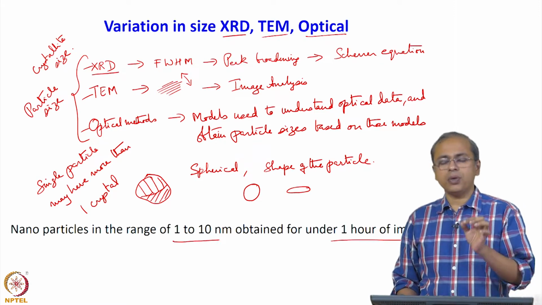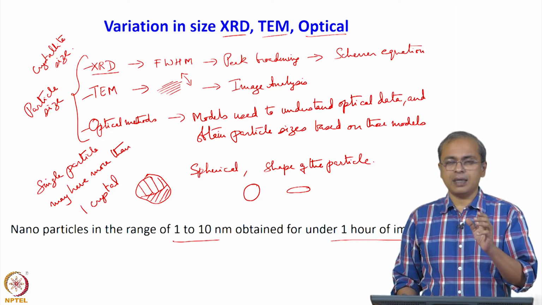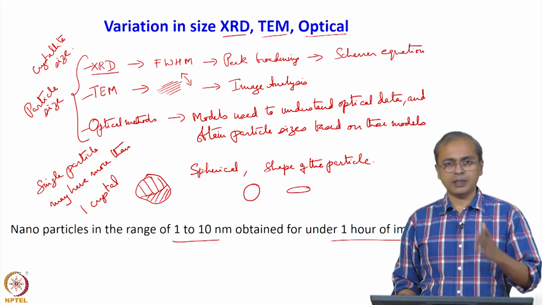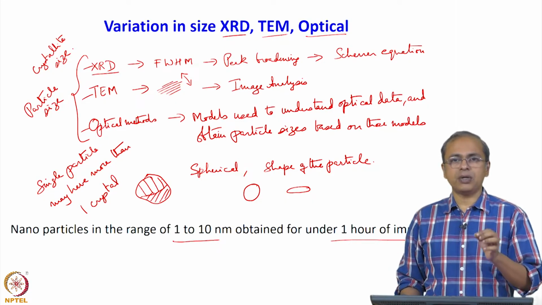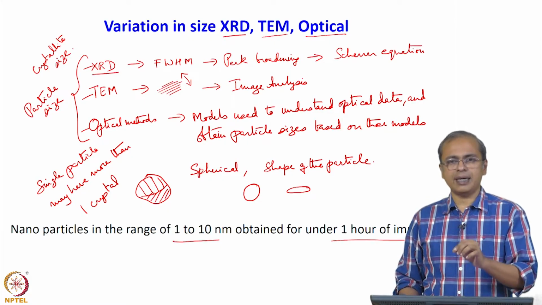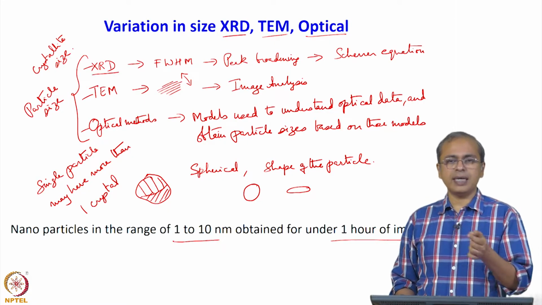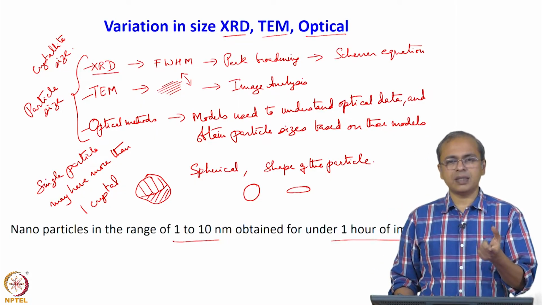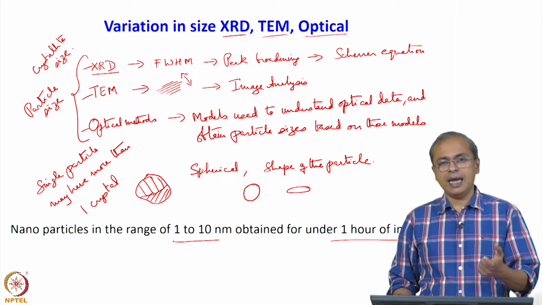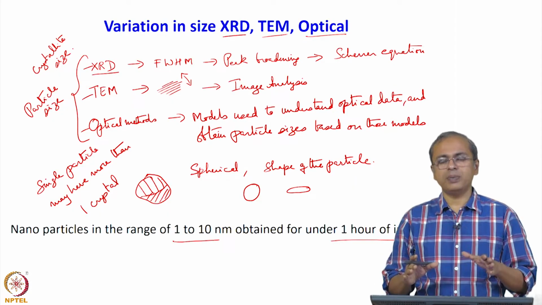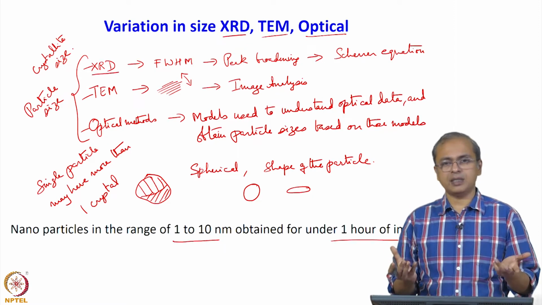And also you have to understand the field of view of different experimental techniques. When you look at an electron microscope image, you are looking at an extremely small area of that sample. You are looking at a location which is only, let us say, 100 nanometers by 100 nanometers, and you have taken one such sample from a bigger sample, the film that you made, which is say 5 centimeters by 5 centimeters.